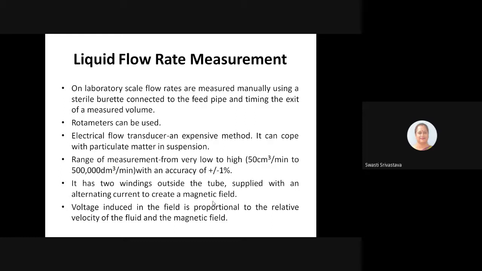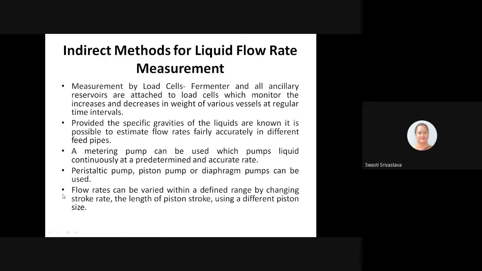Now, if we are trying to do it in case of a batch culture or a fed batch culture, then there is a cheaper alternative to measure the flow rate, and these are known as load cells. The fermenter and all ancillary reservoirs are attached to the load cells, which will monitor the increase or decrease in weight of various vessels at regular time intervals.